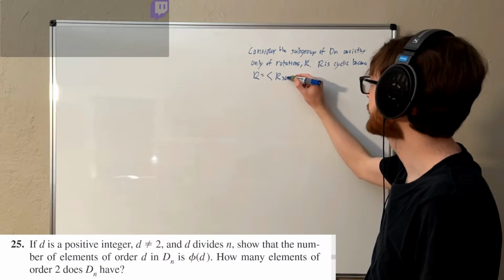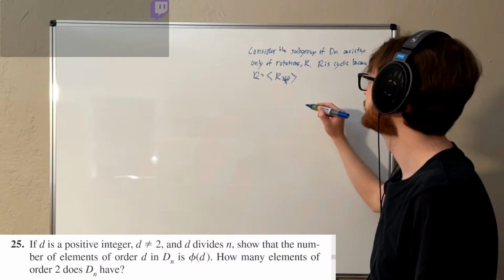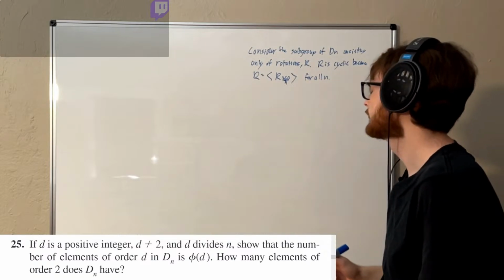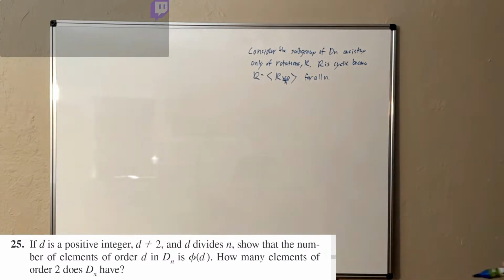R is generated by 360 over n, for all n that D sub n is valid.